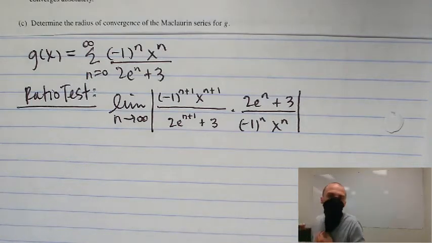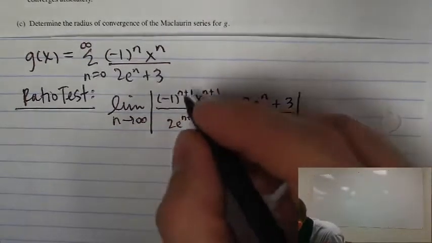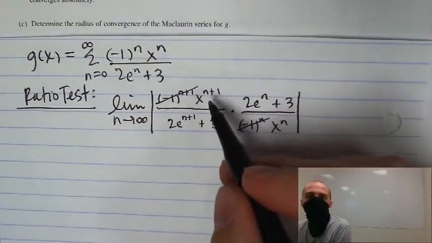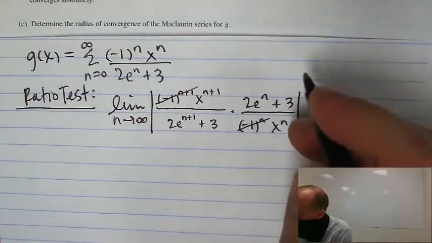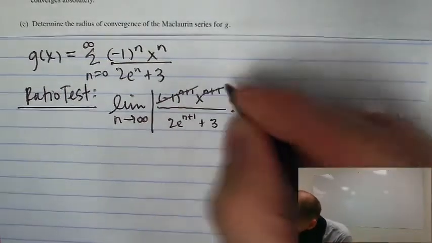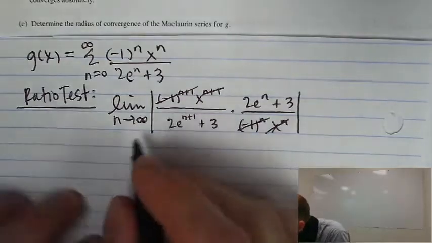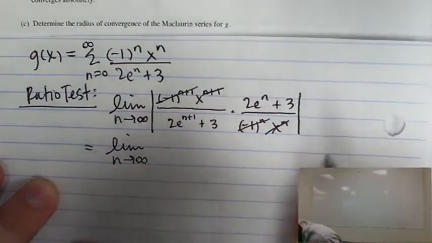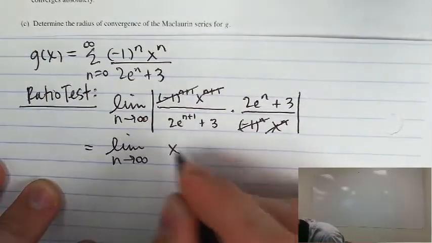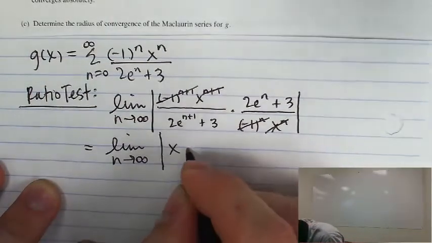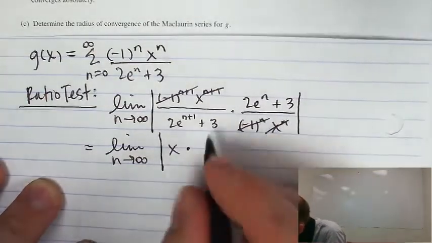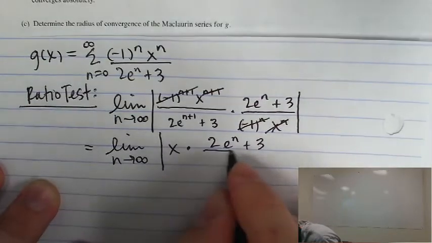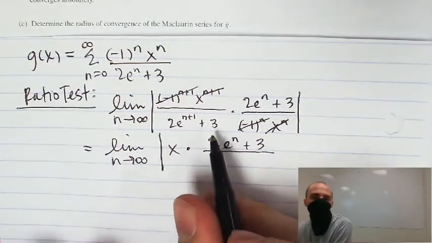And so now I'm going to start canceling stuff off. These negative 1s are just not going to matter because I'm taking the absolute value. I've got n plus 1 x's, but just n down here, so all but 1 will be killed off. What I'm left with is the limit as n approaches infinity of x, times 2e to the n plus 3 over 2e to the n plus 1 plus 3.